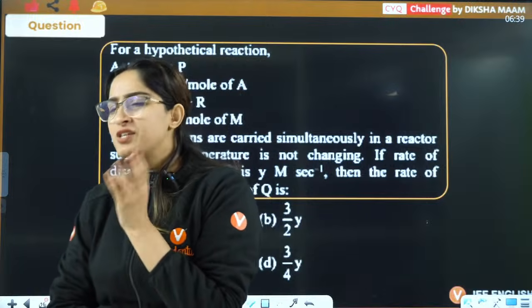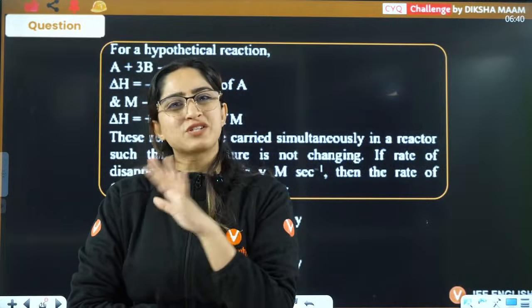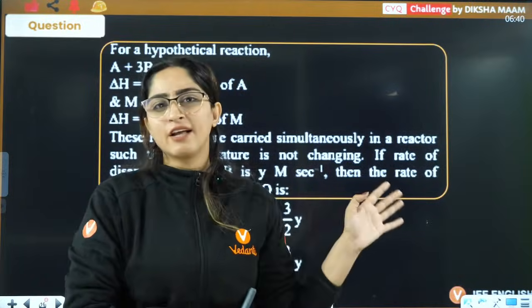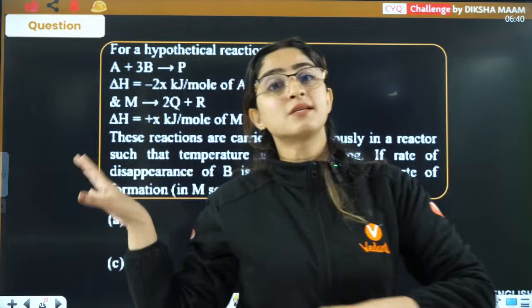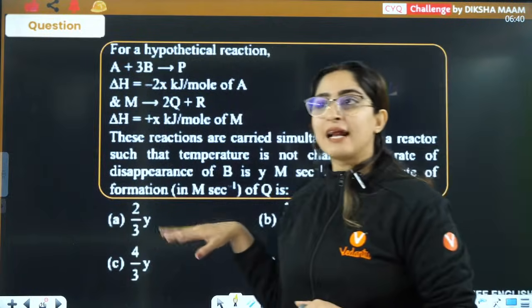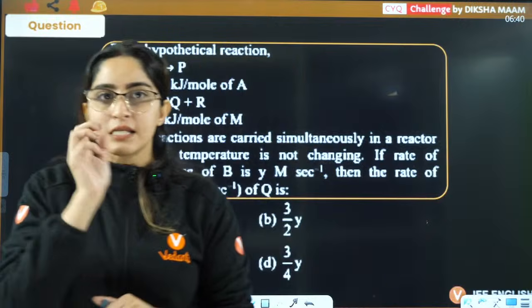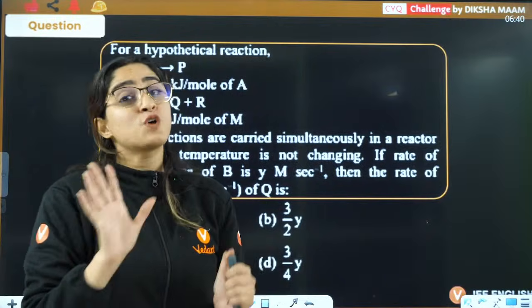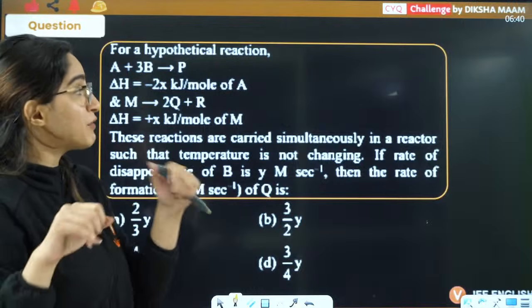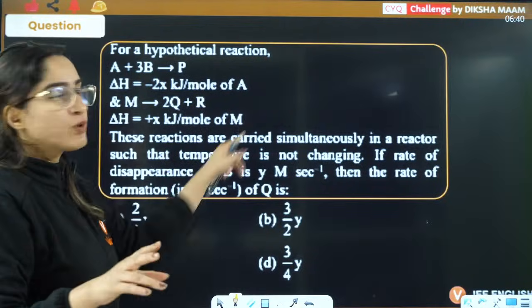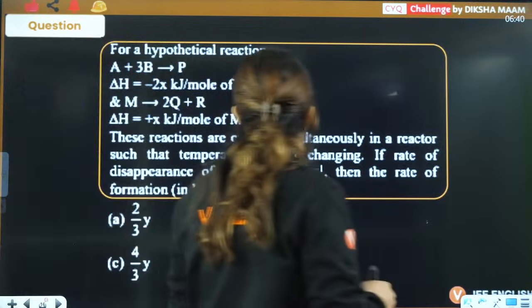Based on first order reaction and the Arrhenius equation, maximum that level they will go. But because rate of disappearance and appearance is quite an easy topic, they can also ask you an easy question based on that, but what if they ask you a tough one? Then it would be this kind of category. So let's talk about that.